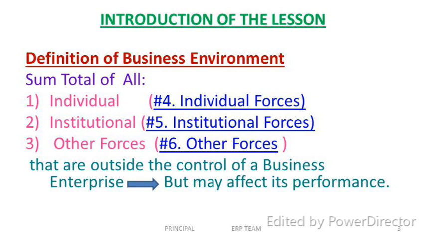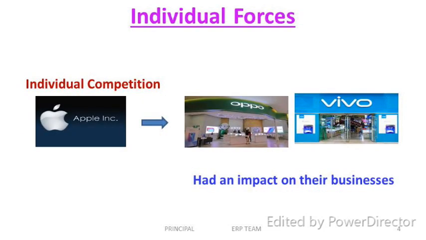Let's analyze these forces one by one. We can understand individual forces better with the help of an example. Like when Apple company launched iPhone 10 with a notch, it led to a hike in sales of iPhone 10. Imitating this, Apple's competitors like Oppo and Vivo incorporated the notch in their products too.